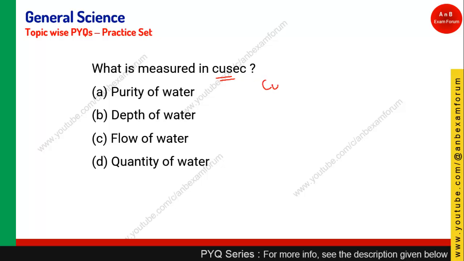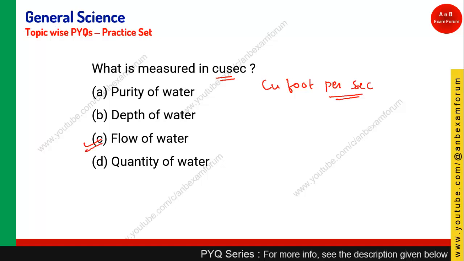Cubic foot per second. And as you know, whenever there is per second in the quantity, it is something related to rate. If you see all these three options, flow is basically the rate of water, how it is flowing. So it is flowing cubic foot per second, so it is the unit of flow of water.